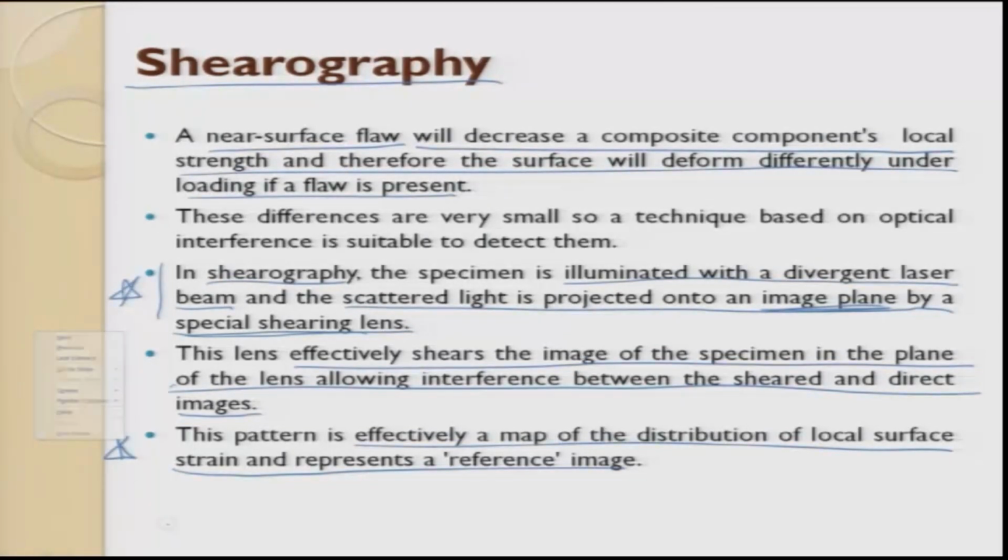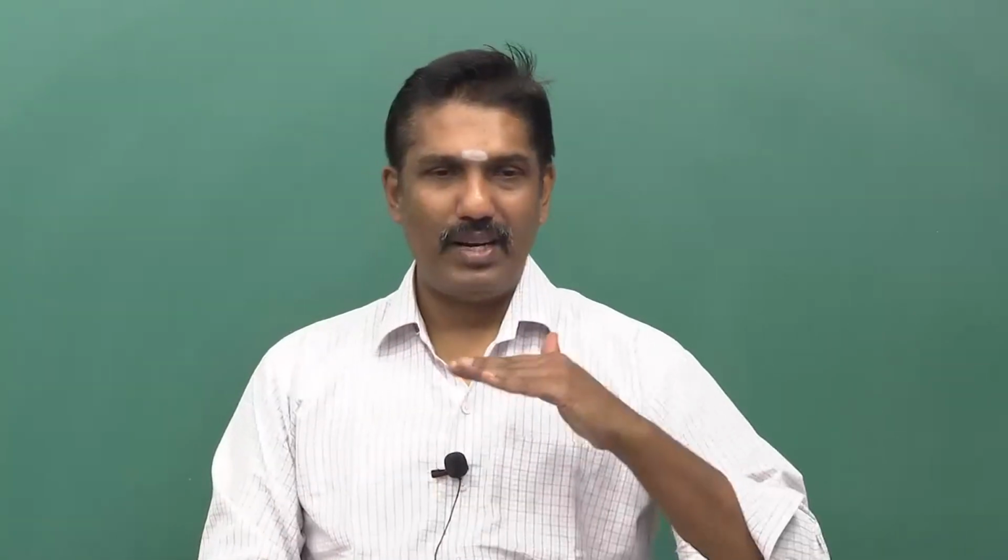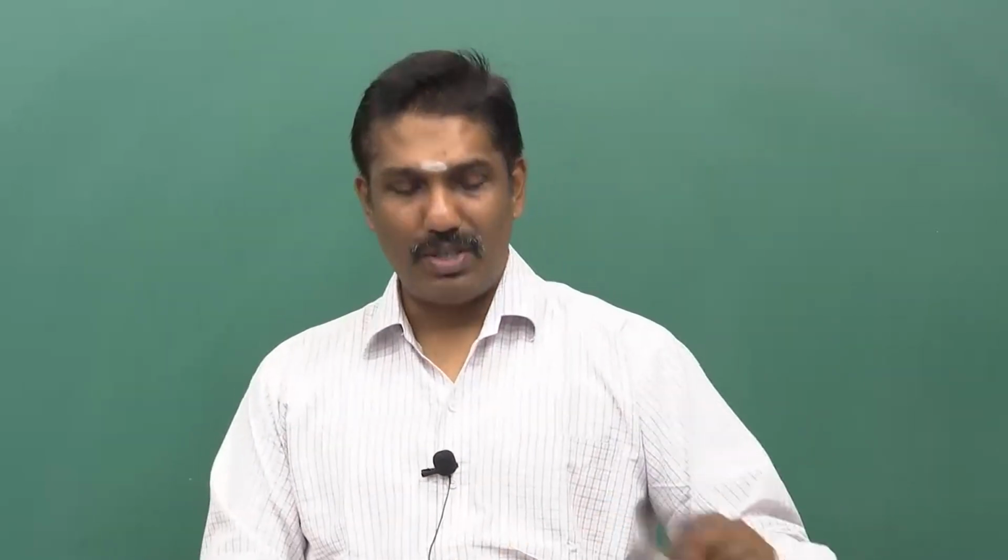Here we take a workpiece, take a divergent laser beam, and expose the light on the workpiece; the light gets scattered and goes back onto the image plane. I put a shear lens in between.